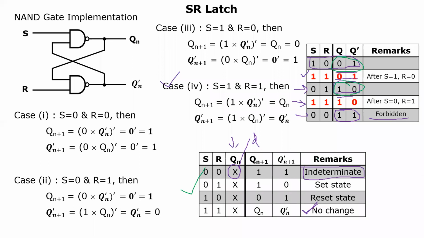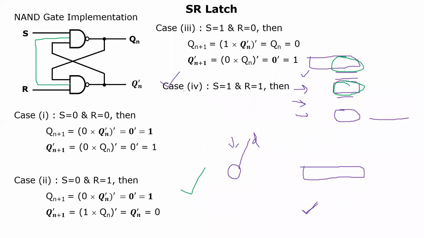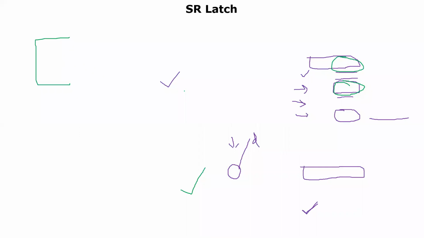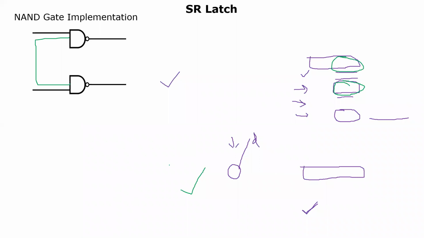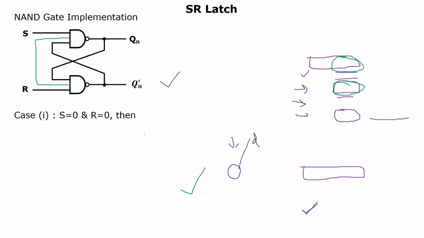What exactly the flip-flop will be. Here you need to understand there is no third input. The third input is what I specified in the previous diagram: this memory element must have some clock pulses. Some clock pulse must be there. If you don't have any clock pulse, that could not be considered a flip-flop, a sequential circuit.